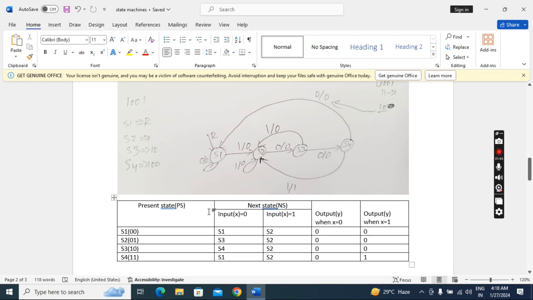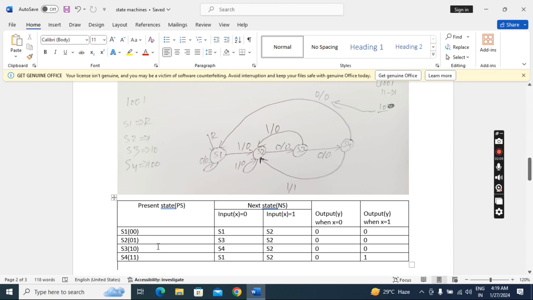In Mealy, we know if there are 4 bits, then we'll get 4 states. I listed the states here, S1, S2, S3, S4. So these states we have to encode. Suppose in your memory there are 4 locations, how many addresses do you need? 4 addresses.